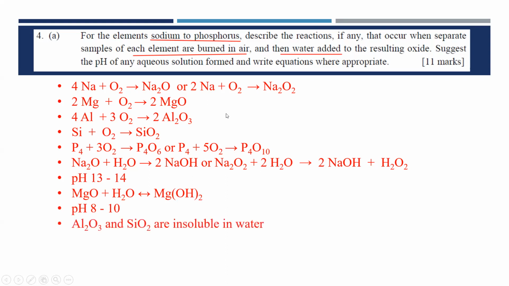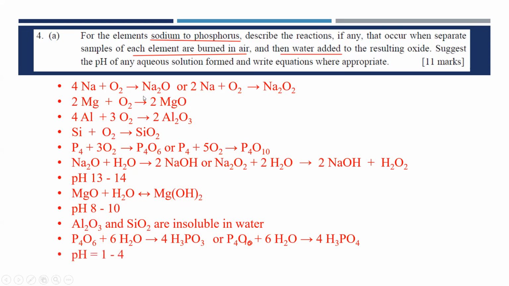But aluminium oxide and silicon dioxide are insoluble in water. Whereas phosphorus oxide dissolves in water to undergo hydrolysis. So P4O6 plus 6H2O form H3PO3, or P4O10, sorry, this one is supposed to be 10, plus 6H2O form 4H3PO4.